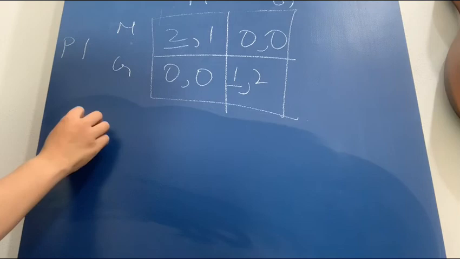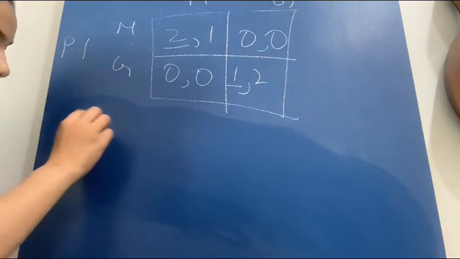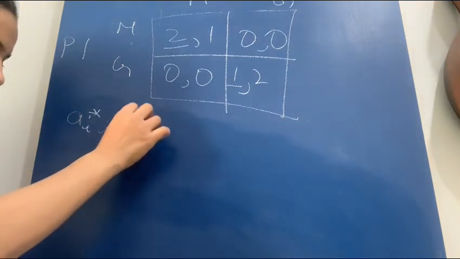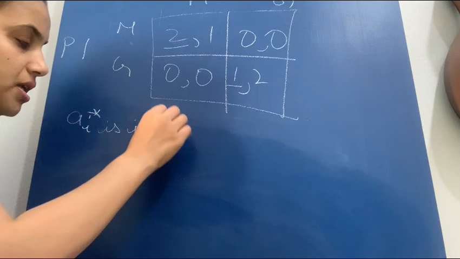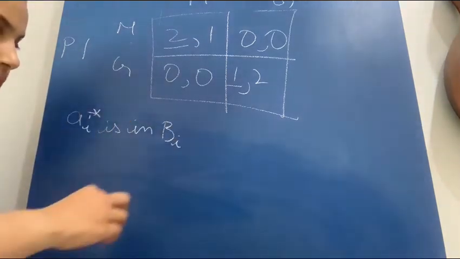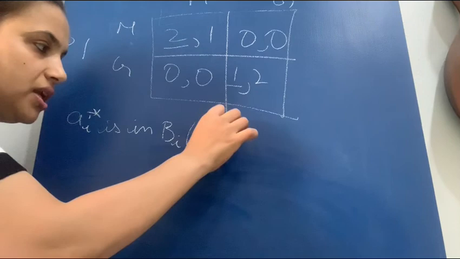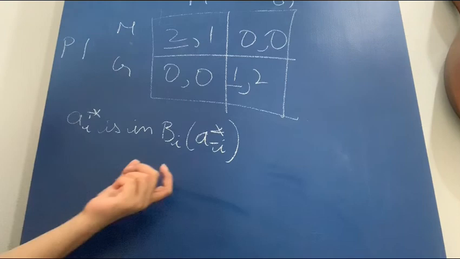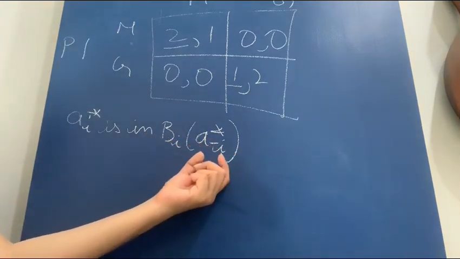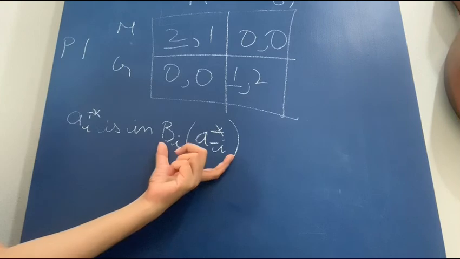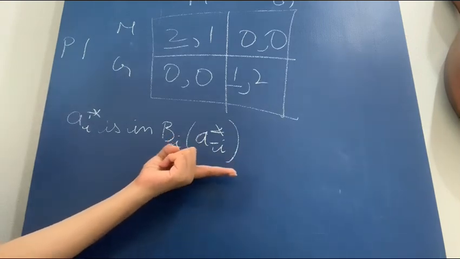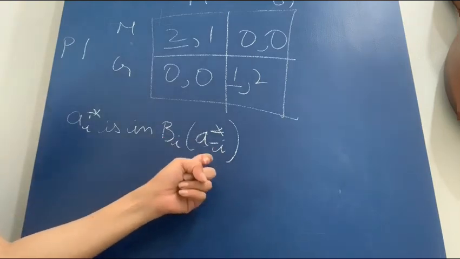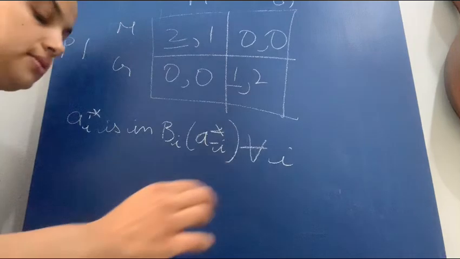That means a_i star, remember star we've always used for Nash equilibrium, is in B_i, the best response of player i, or if it's more than one action, then it becomes a set. Then every Nash action of every player is in the set B_i(a_-i). Now a_-i is what other players are doing, and B_i(a_-i) is the set of best responses of player i, given that other players are playing this, and this will be true for all i's.